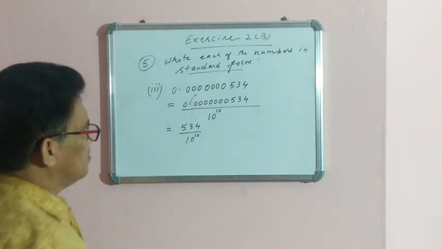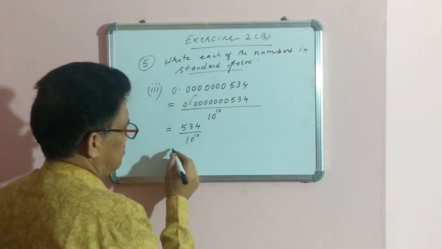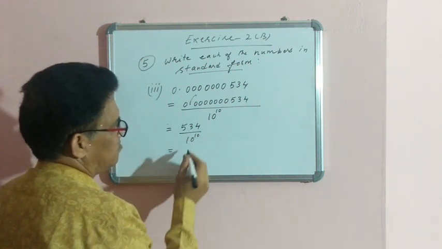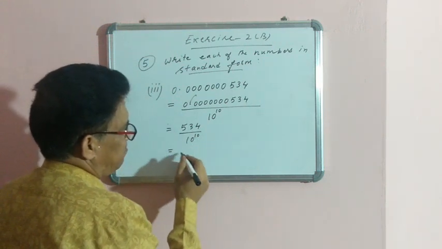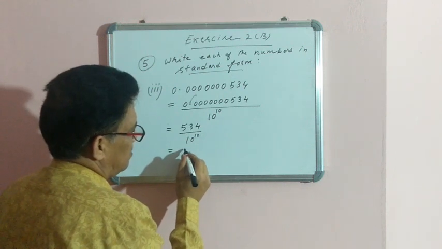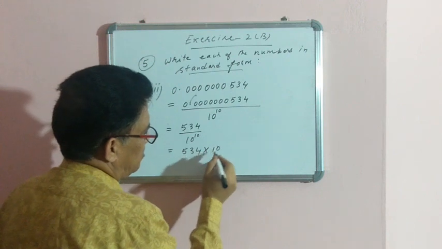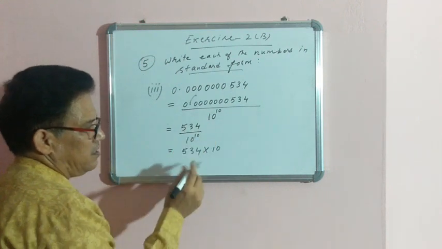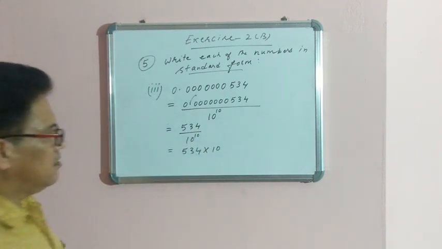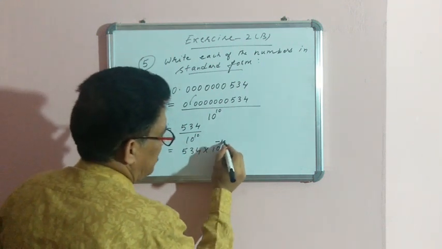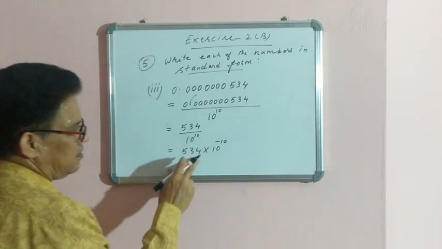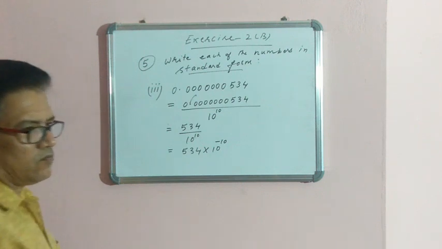Now, if you write this, it becomes 534 into 10 power minus 10, when it goes to the numerator. But you can see here the value of n is not proper.